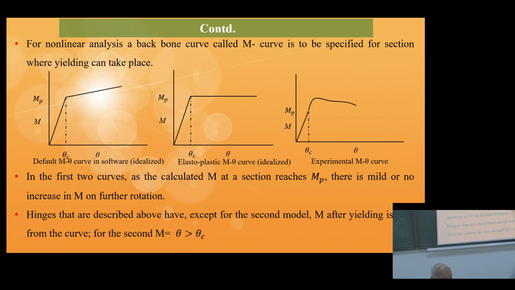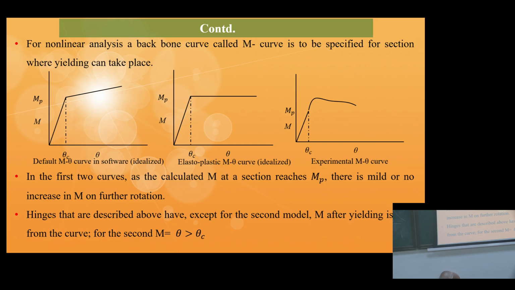Now, to capture how the yielding takes place, I have to define something called a backbone curve, which is also called the M theta curve. M theta means moment rotation curve.